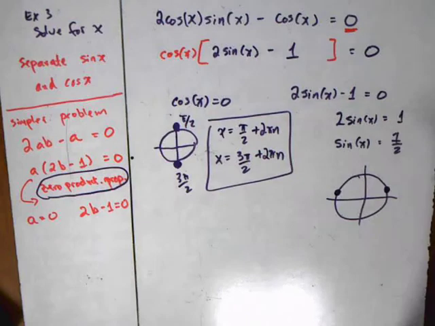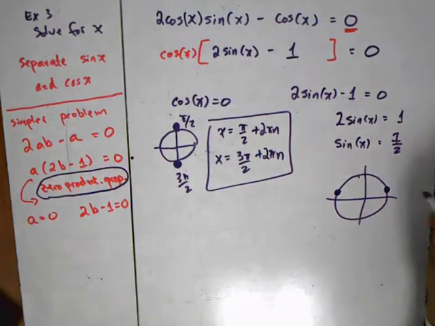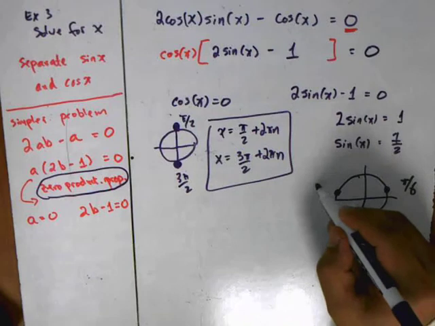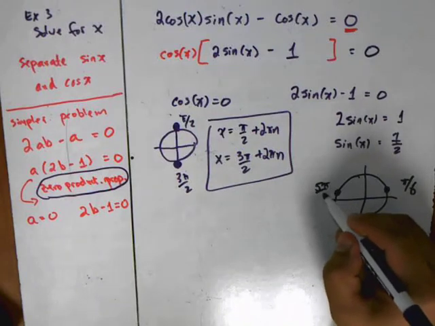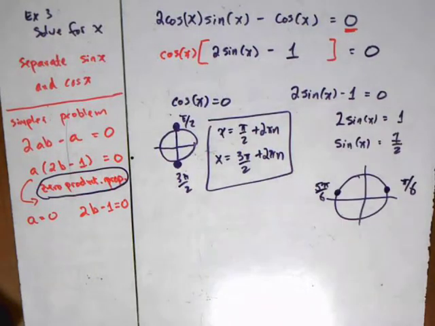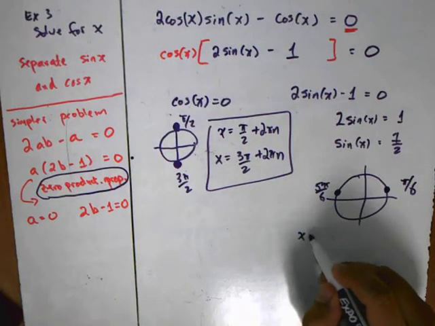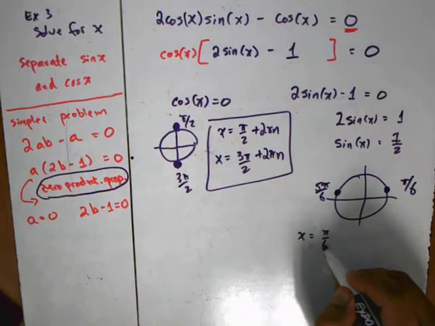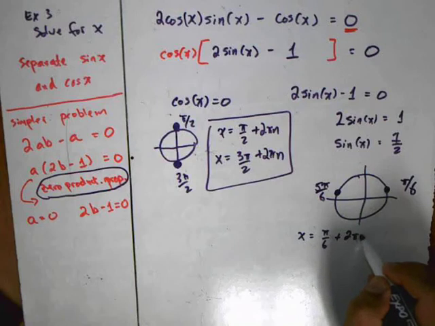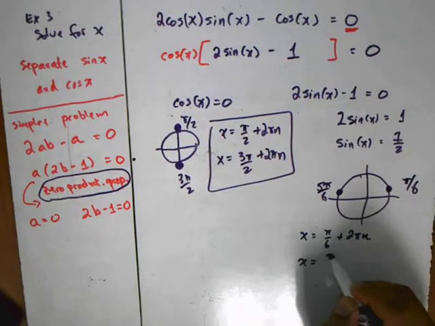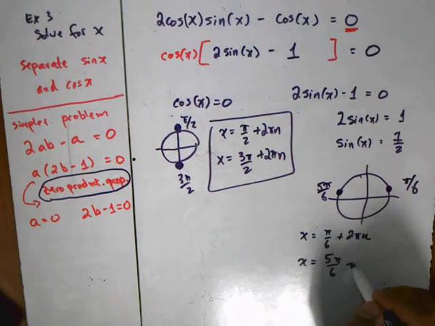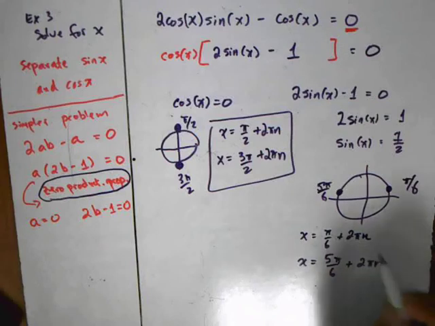And on this side, well, this angle here is pi over 6, or 30 degrees for those of you who still like degrees. And then 5 pi over 6, or 150 degrees. So then my answers are x equals pi over 6 plus 2 pi n, and x equals 5 pi over 6 plus 2 pi n.